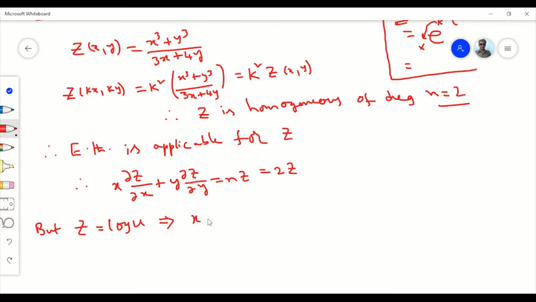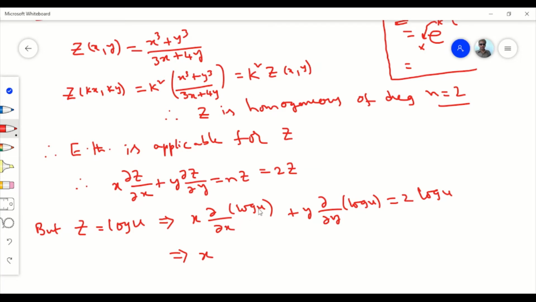What will you get? x into dou by dou x of log u plus y into dou by dou y of log u equal to 2 log u. So this implies x into derivative of log u, which is 1 by u into dou u by dou x, plus y into derivative of log u with respect to y, which is again 1 by u dou u by dou y, equal to 2 log u.